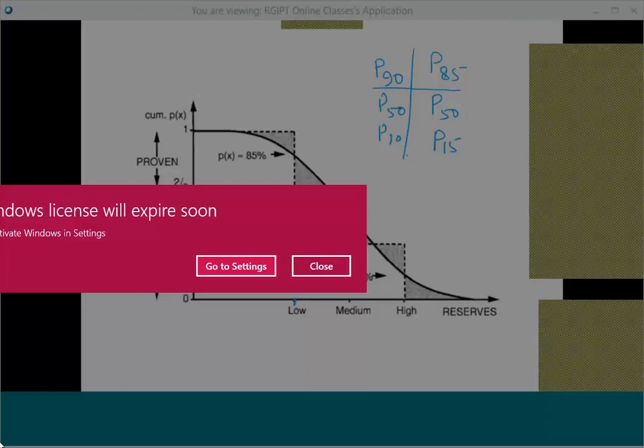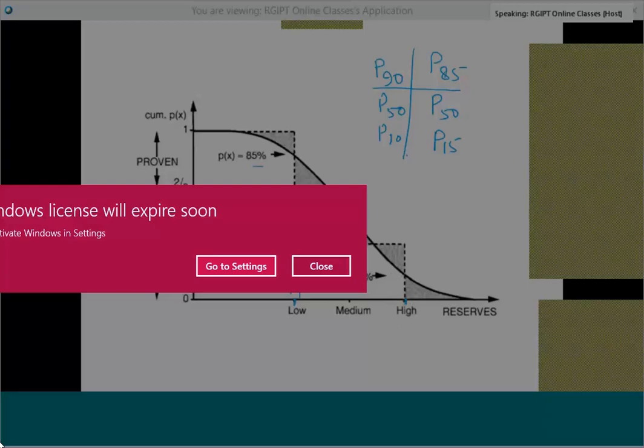If let's say this reserve is R1, you have here of course 85. So there is an 85% chance that you will have reserves more than R1. Okay, ठीक है? Yes, sir.